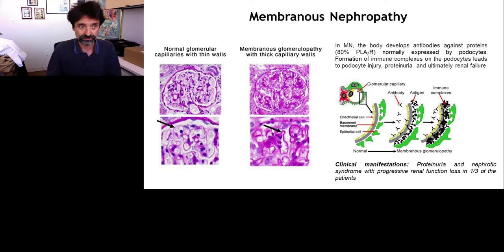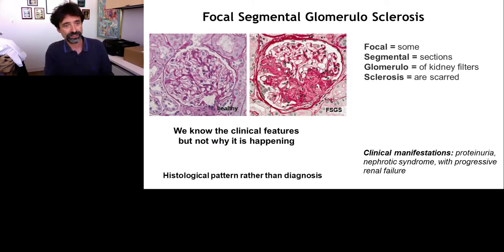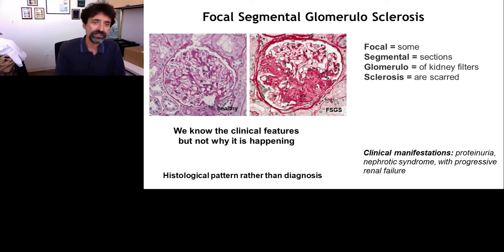progressive renal failure. The third disease we focused on is called focal segmental glomerulosclerosis. So the name means that only some glomeruli, so it's focal, and some sections of the glomeruli, so it's segmental, are interested by the sclerosis. So focal segmental glomerulosclerosis.